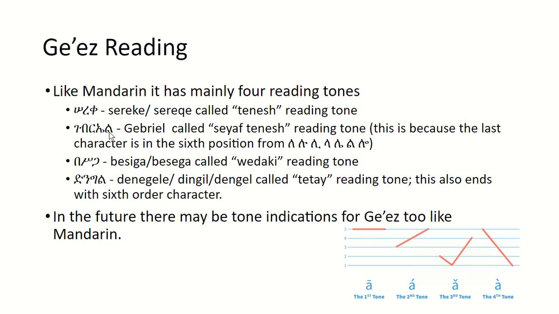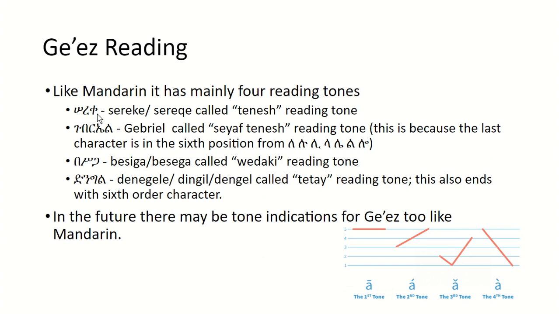If a word having such a tone ends with a 6th order character, then it's called Sayyaf Tanish. This is Tanish, this is Sayyaf Tanish. I think there is no equivalent meaning in English, which is why I used the plain Ge'ez nomination.